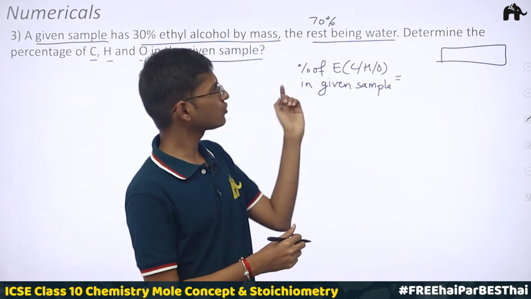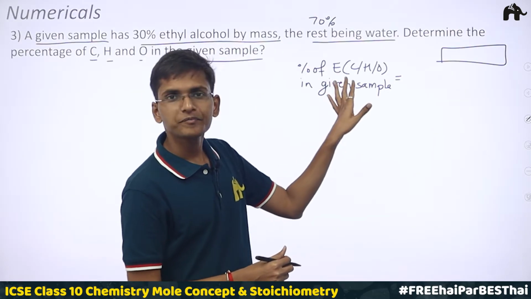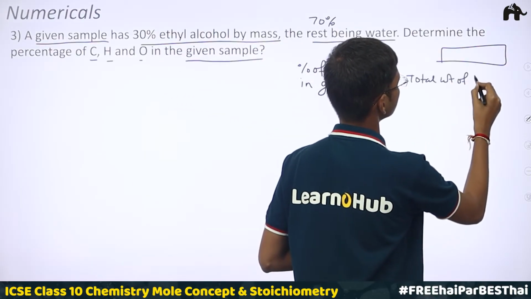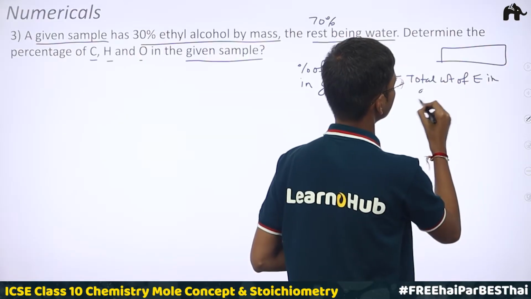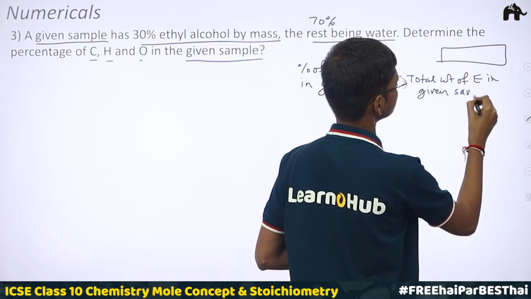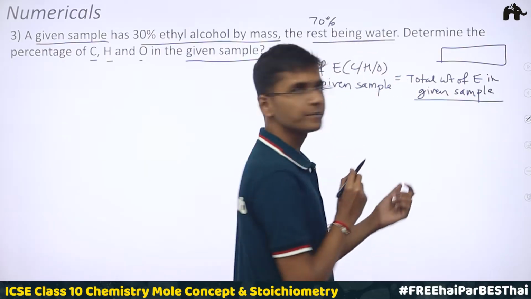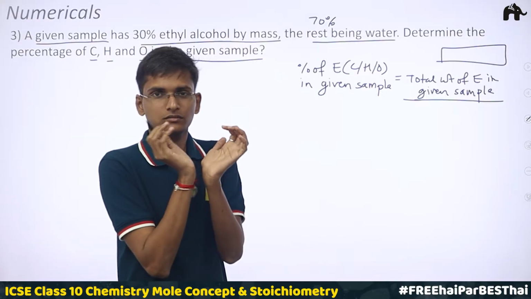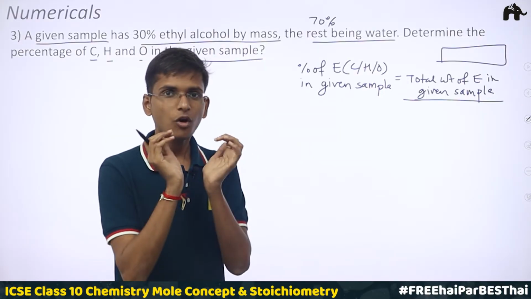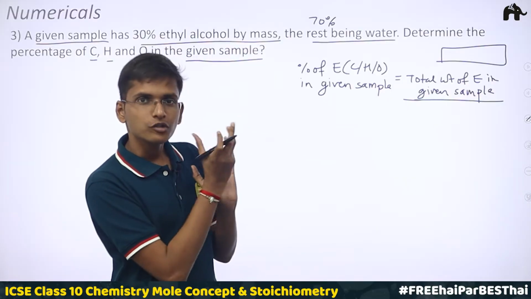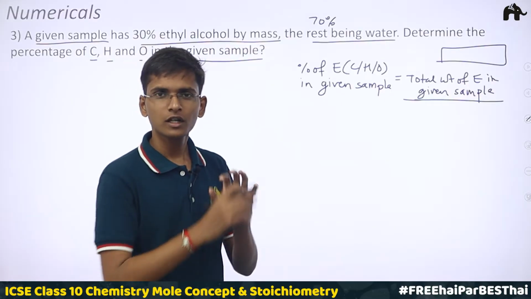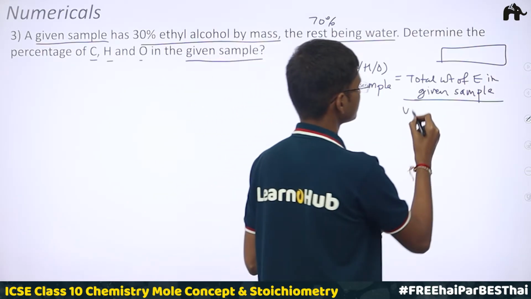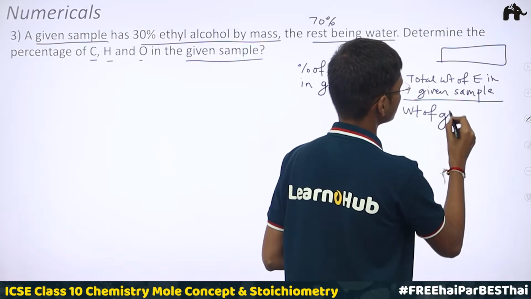So here also it would be the same: total weight of that element in the given sample divided by, there it was the molecular weight of the sample, because we were finding out the percentage of the element in the compound, right? In compounds, we were finding out one molecule, so that's why we were taking the molecular weight, the weight of that molecule. So here we are going to take the weight of the given sample, simple.